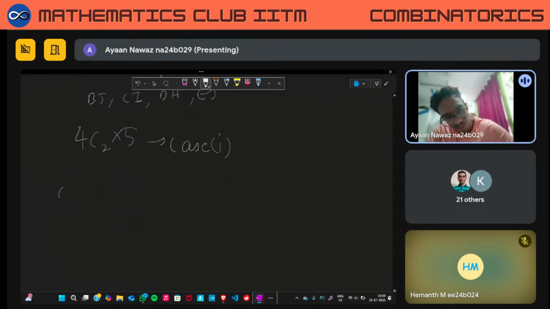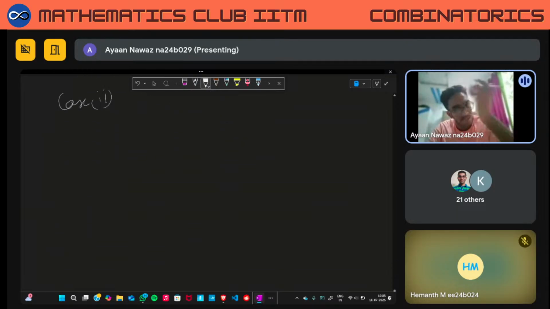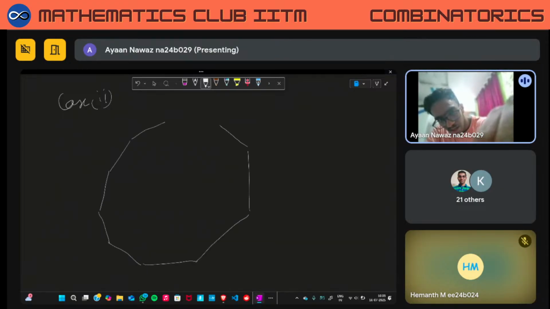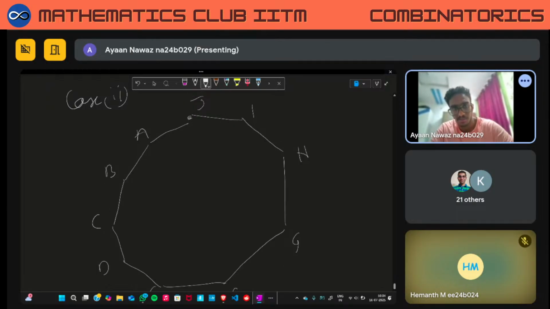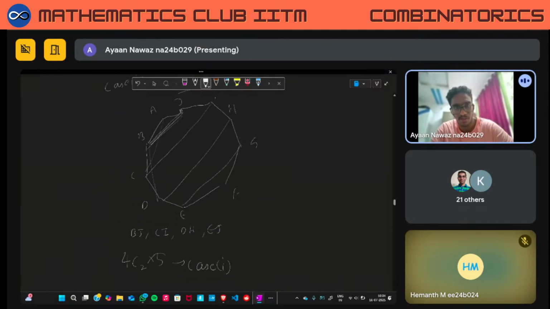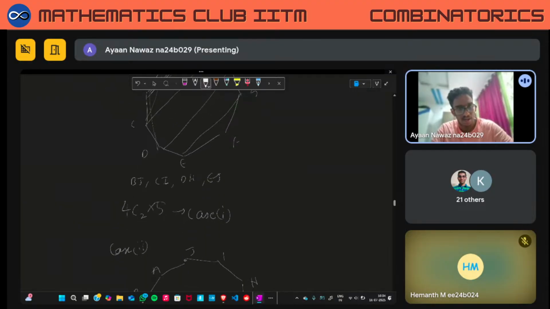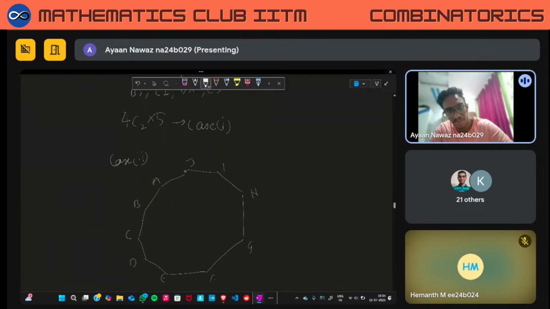Right? Case 2. Now, case 2 will have 1, 2, 3, 4, 5, 6, 7, 8, 9, and 10, right? So we'll name the vertices again: A, B, C, D, E, F, G, H, I, and J. In case one, what we did was we took B and J, right? Now we'll take all the diagonals parallel to AB.